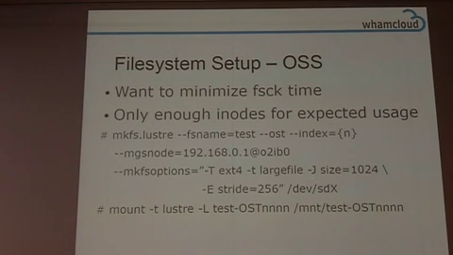An increased journal size is important at very high throughputs, like you get with InfiniBand, because you don't want the file system, the server, blocking, waiting to commit transactions to disk. So if you have enough space, enough RAM, you increase the journal size. It gives you a reasonable boost of performance. And you mount the Lustre file system on the OSS, and you essentially have a working file system at this point.